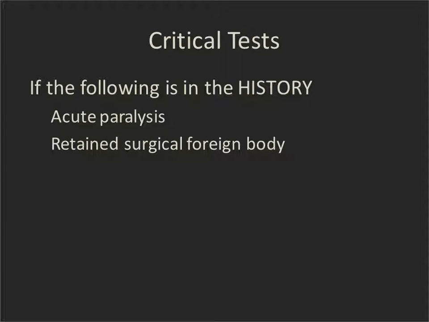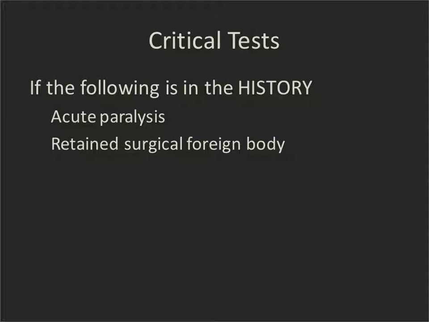Critical tests are different because they are dependent on the history. So if the history is acute paralysis, and they're usually going to MRI, obviously, then this becomes a critical test. Again, these must be reported to the clinicians verbally, even if normal. So the history says acute paralysis, totally normal spine MR, you must still phone them within 60 minutes of that test being performed.